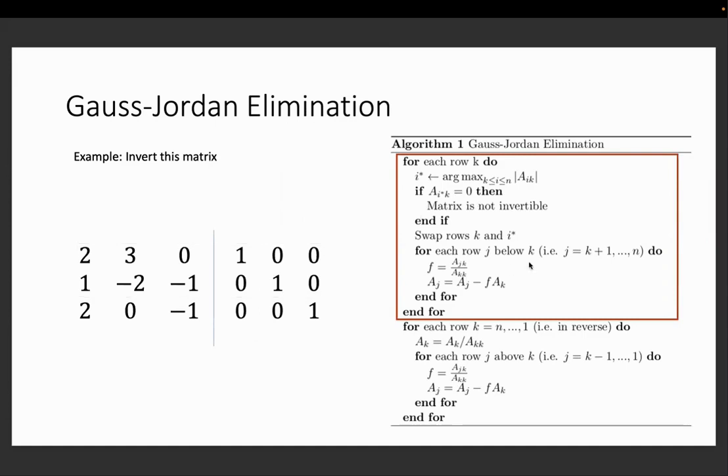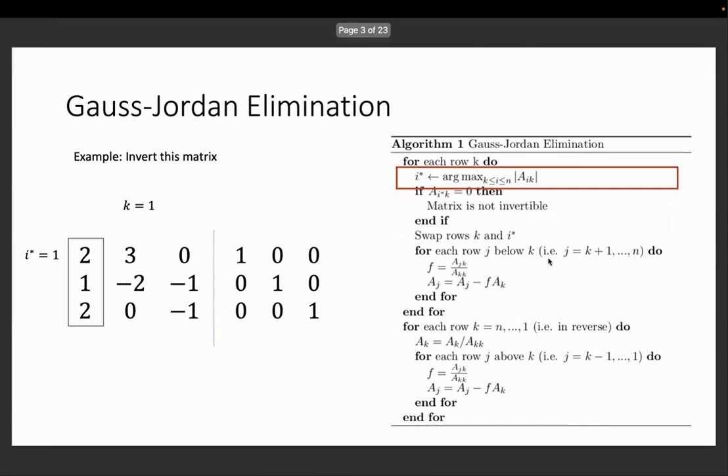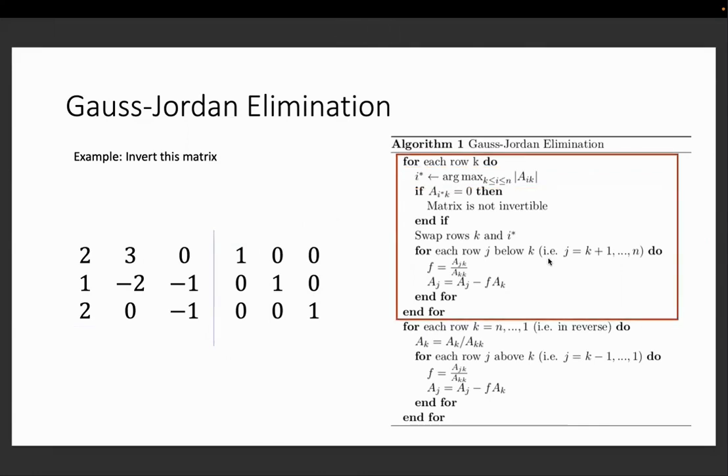So at first, we concatenate the identity matrix to the matrix that we have here. And then we have the for loop at first, and we apply each step to this input of the algorithm.